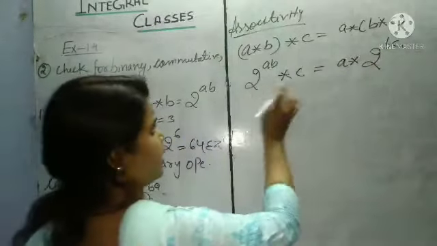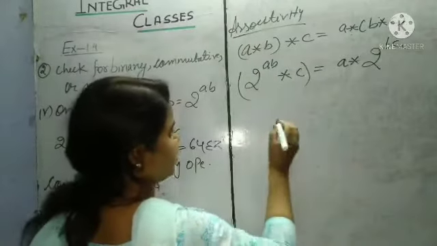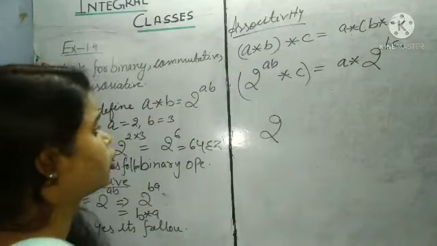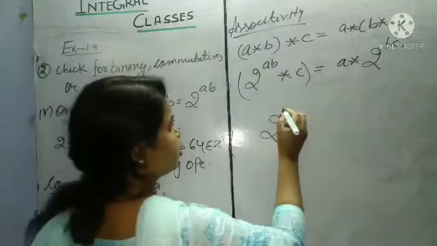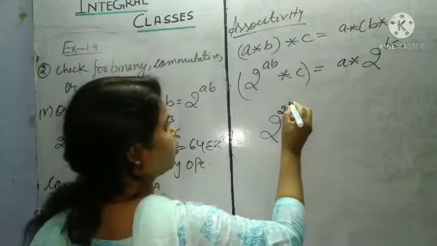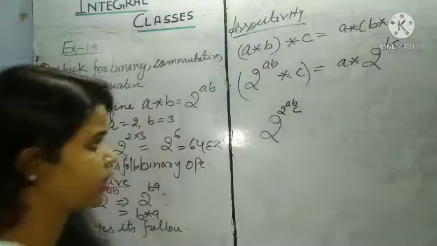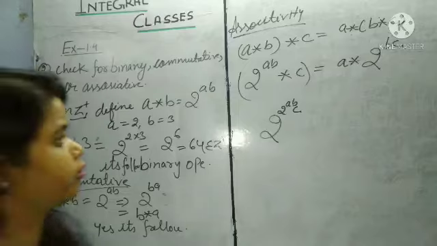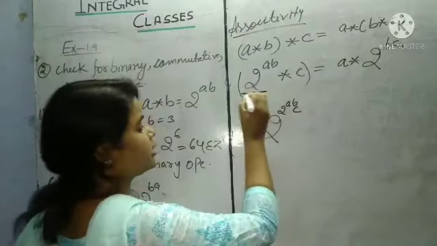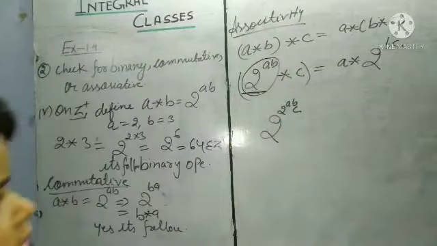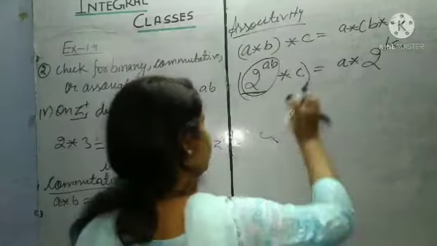Now again we apply in both, then we will get 2 exponent 2 exponent AB into C. It should be right, because we will consider here it is whole A. Suppose it is a capital A, I will consider for understanding.